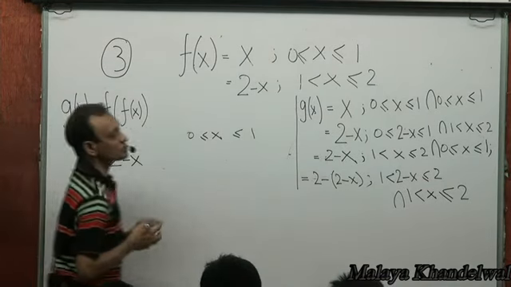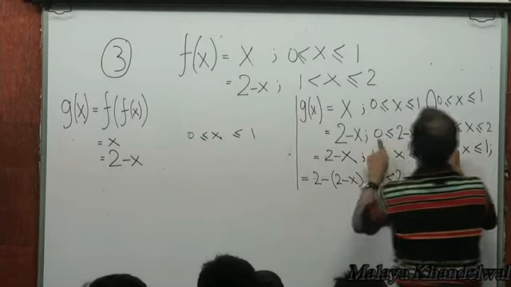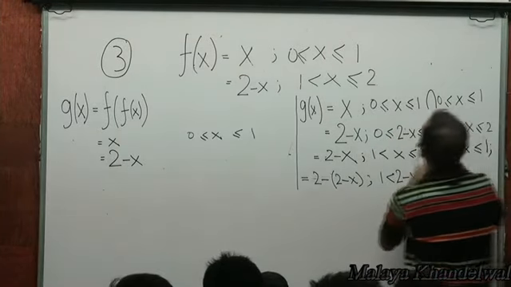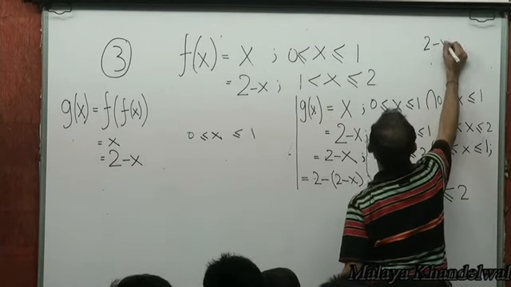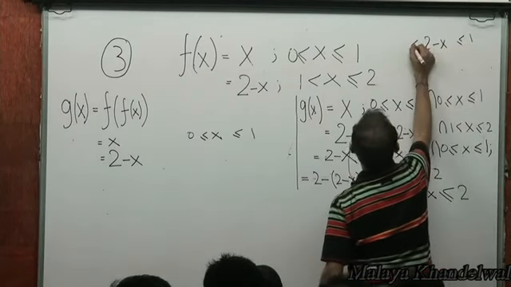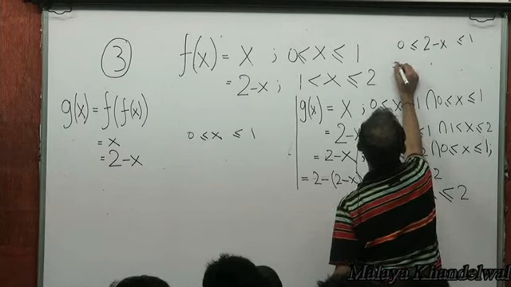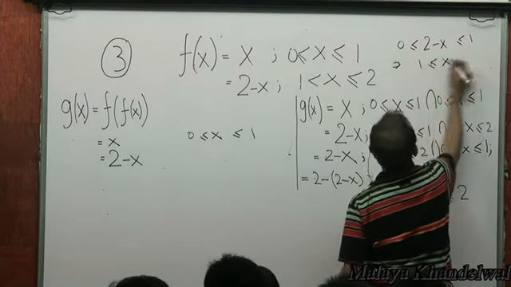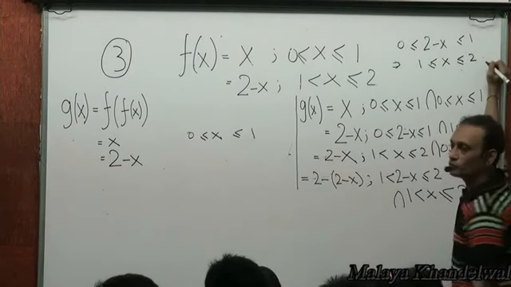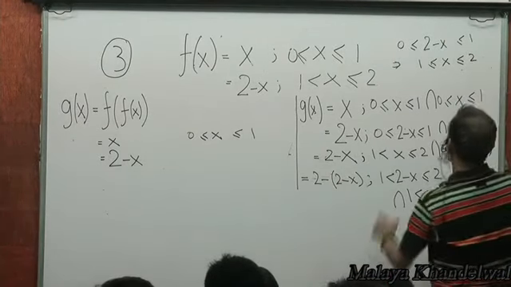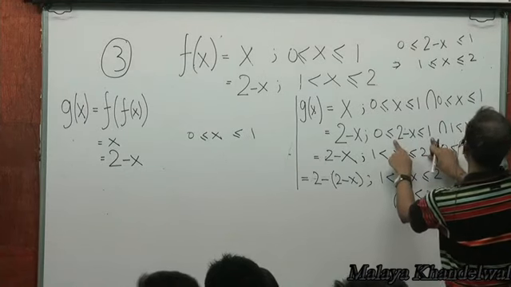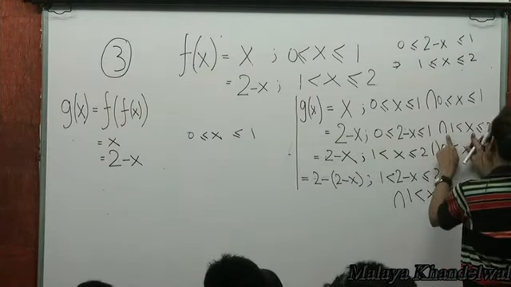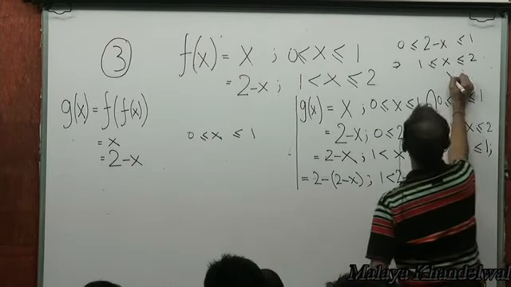When this is 2 minus x, look at these conditions. 2 minus x greater than or equal to 0, less than or equal to 1 would boil down to what? x greater than or equal to 1, less than or equal to 2. Yes or no? So this condition would boil down to x greater than or equal to 1, less than or equal to 2, and this is x greater than 1, less than or equal to 2.